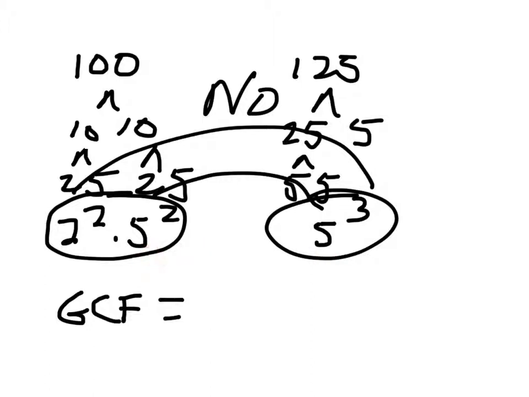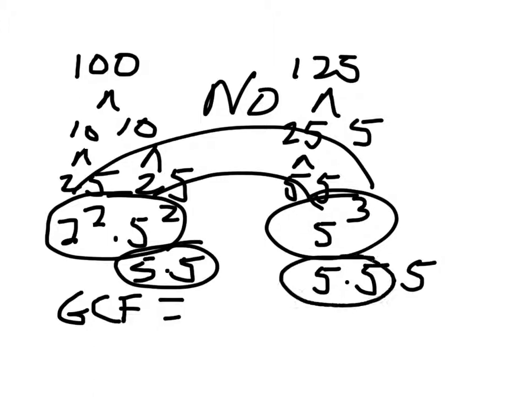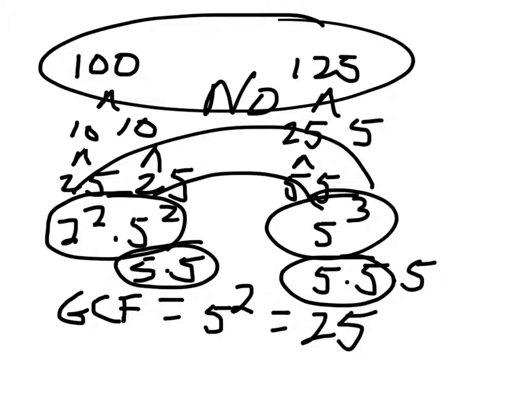Answer is no. But you do have 2 5's, because here I have 5 times 5, right? Here I have 5 times 5 times 5. I have two 5's common in both of them. So my greatest common factor is 5 squared, or in other words, 25. 25 is the greatest common factor of 100 and 125. And that makes sense, right? Because 25 is a factor of both those numbers.